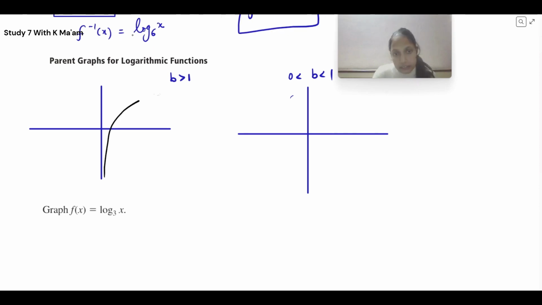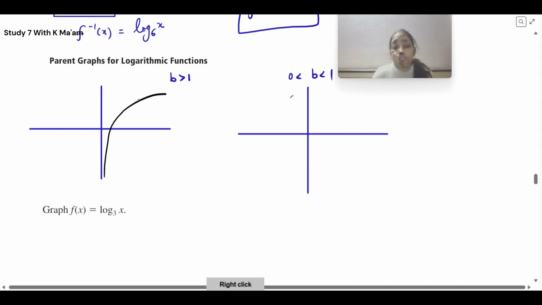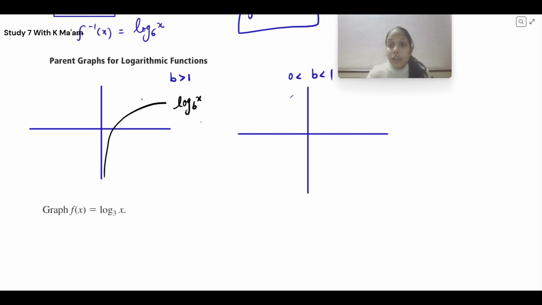This is the graph of log base b of x with b greater than 1. If b is between 0 and 1, it will come from up to down. In this, it intersects at 1 comma 0. It also intersects at 1 comma 0.